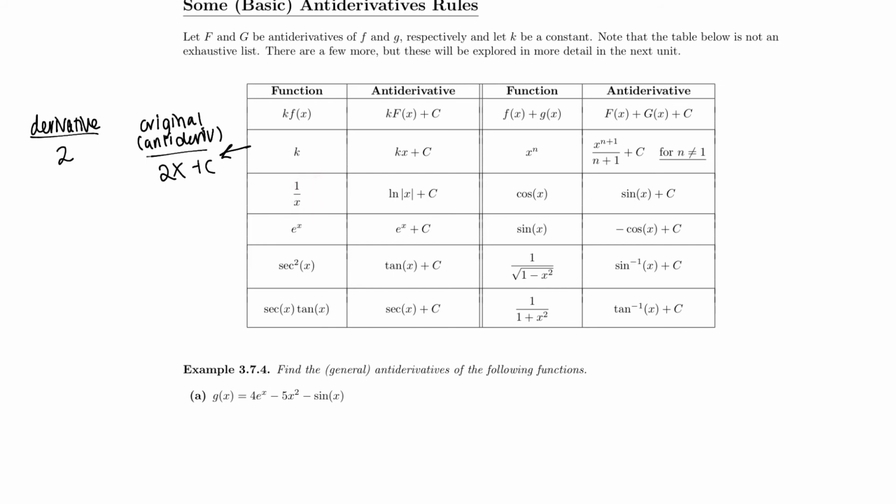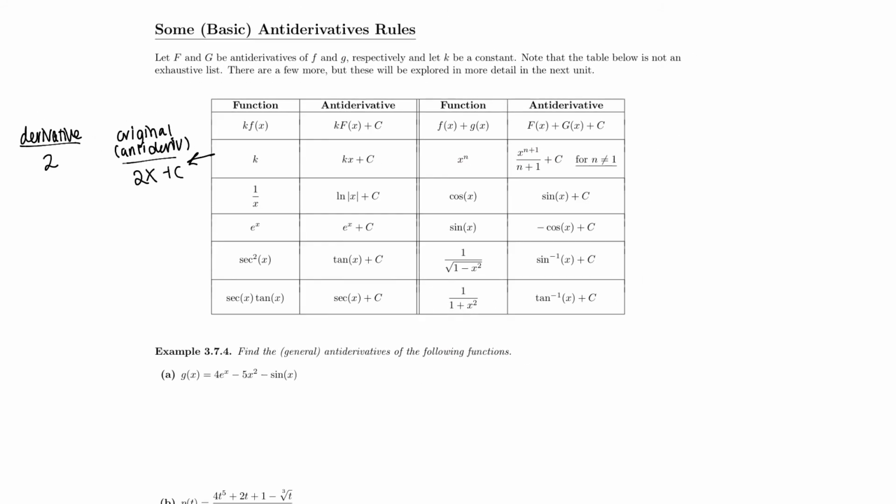The 1 over x rule, that's ln absolute value x. These guys right in here. The one that might need some explaining here is this x to the n one. This works as long as n is not equal to, that's wrong, it should say n not equal to -1.